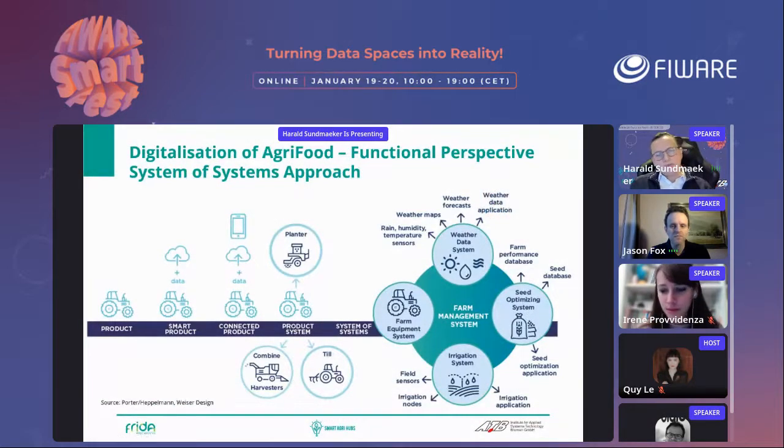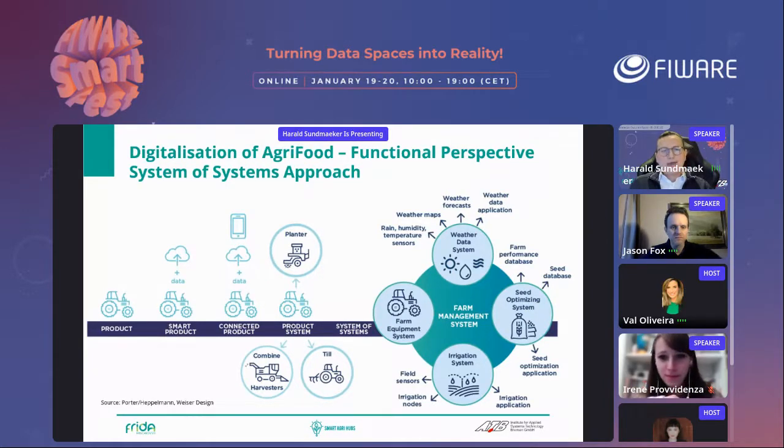Possibly you saw this picture already here and there. When we look at the agri-food domain, it is really an evolution from the old-fashioned, products without any digital capabilities. Step by step, we added new features.